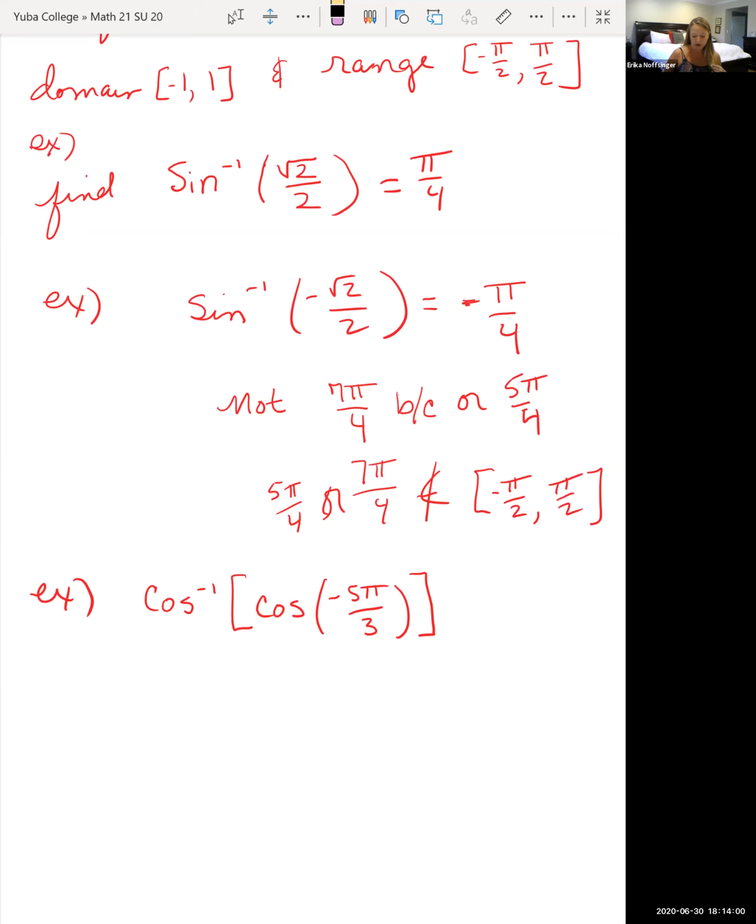Cosine of what angle gives us back 1/2? But that angle has to be between 0 and pi. Well, we know cosine of 60, which is pi thirds. And pi thirds is between 0 and pi, so this is equal to pi thirds.